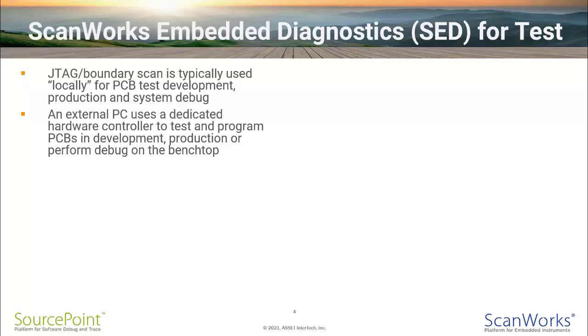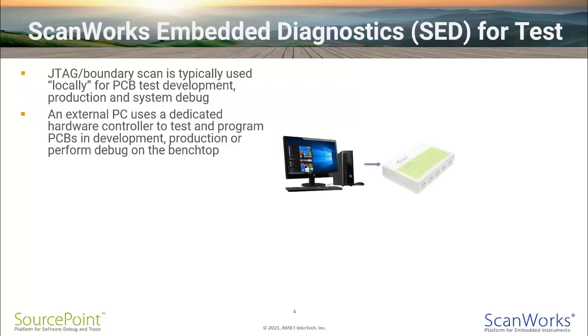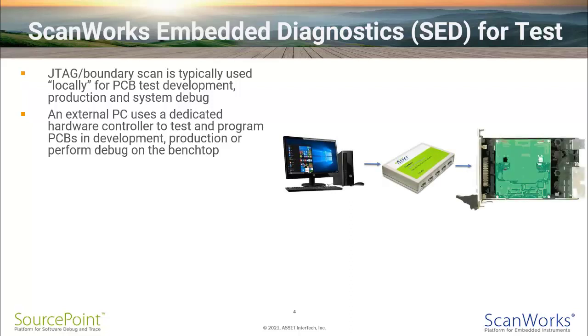The JTAG boundary scan tests are created on a PC, which is connected to a hardware controller. That hardware controller is then connected to a PCB, which is the target for our JTAG boundary scan test. As you can see in this graphic, we have a PC, we have our controller, and our target PCB.